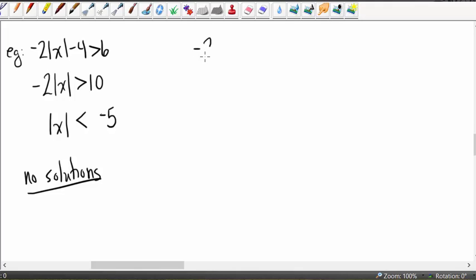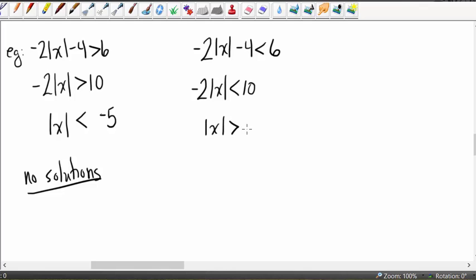Similarly, if I look at the exact same inequality but with the inequality symbol reversed, so negative 2 times the absolute value of x minus 4 is less than 6, we get negative 2 times the absolute value of x is less than 10. Dividing by a negative turns the inequality symbol around, and the absolute value of x is greater than negative 5.